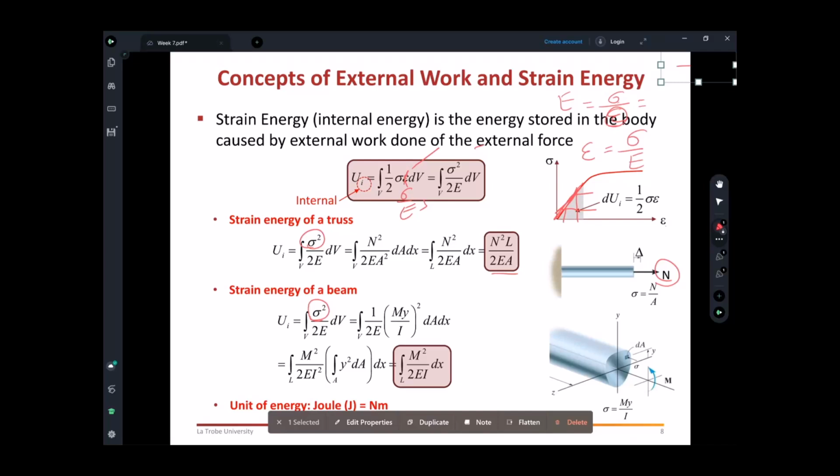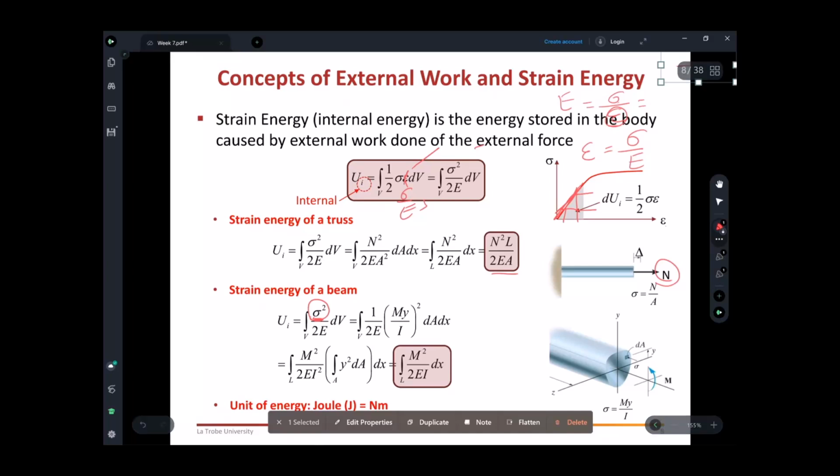When you pull the members, it is the axial stress. Axial stress is equal to how much load I am applying over the cross section. That is what is done in the truss members. It's just the axial stresses. The truss members don't have any bending moment, so we have this load over area. But in this beam, this is a bending stress.